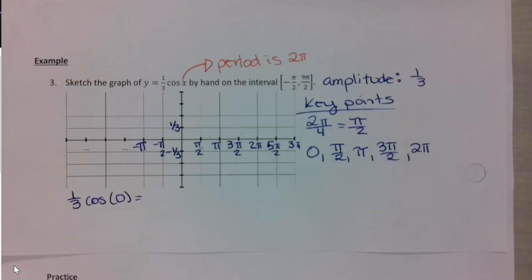Okay, so when I type in 1/3 cosine of 0 in the calculator, I get 1/3.